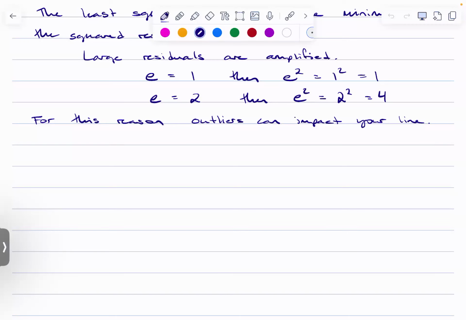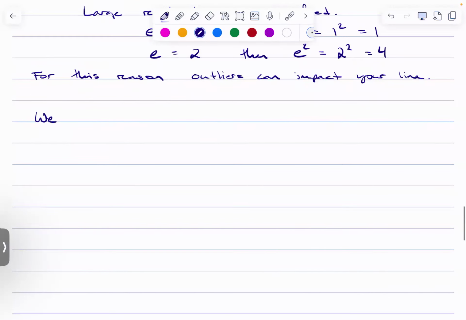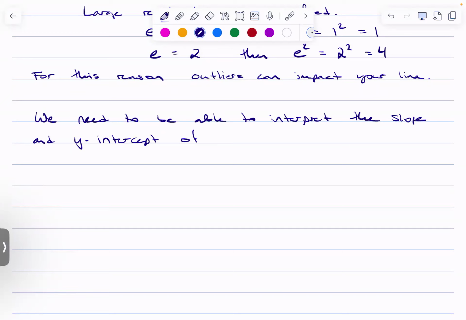We need to be able to interpret these things, right? That's our most important thing. We need to be able to interpret the slope and y-intercept of a least squares regression line.